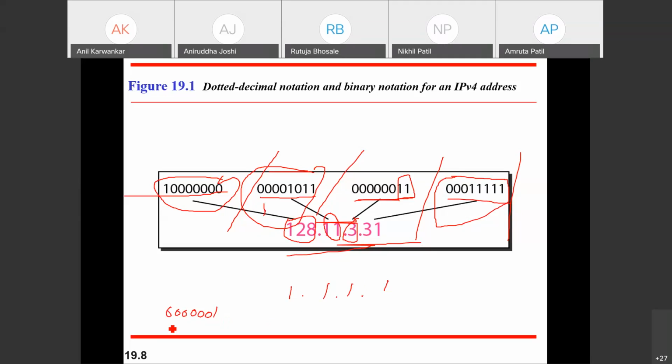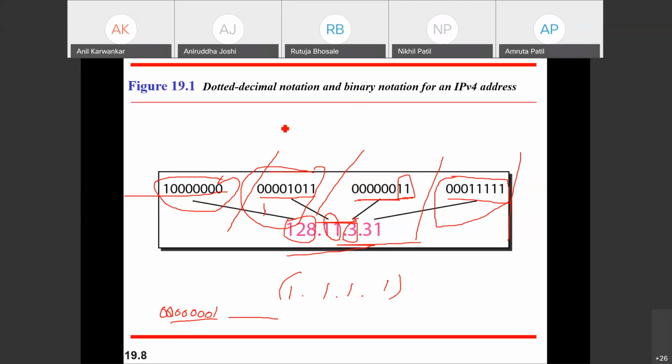It will be first 8 bits, then next 8 bits will be again 7 zeros and then 1, again 7 zeros and 1, again 7 zeros and 1. That will be represented as a dotted decimal notation for the binary addresses in the IP version 4. Make this particular concept clear here only.